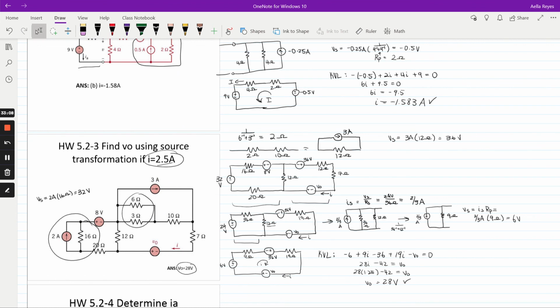So all voltage sources, or all current sources. That's mostly in the end, because I know in the beginning it's easy to source transform everything you see, but just keep in mind how many times you have to go back and forth.